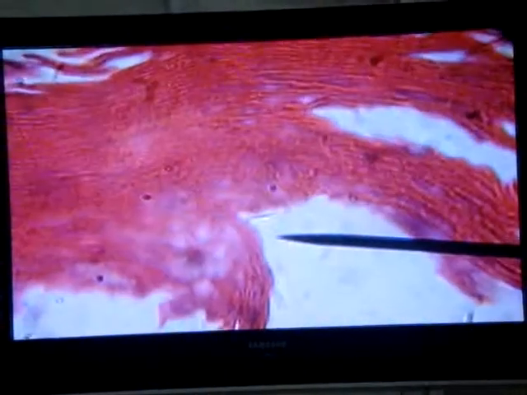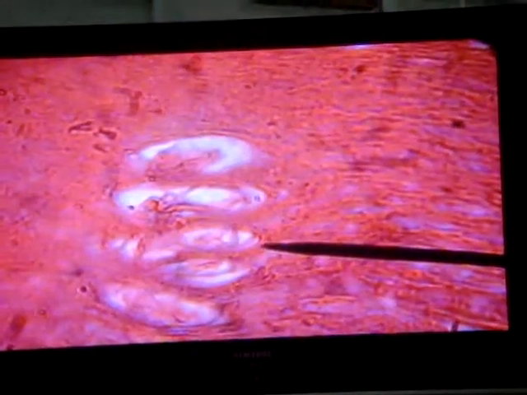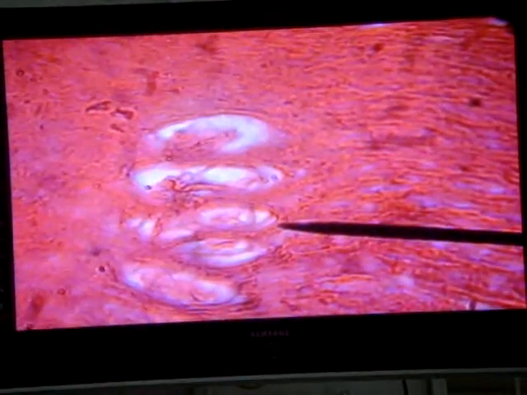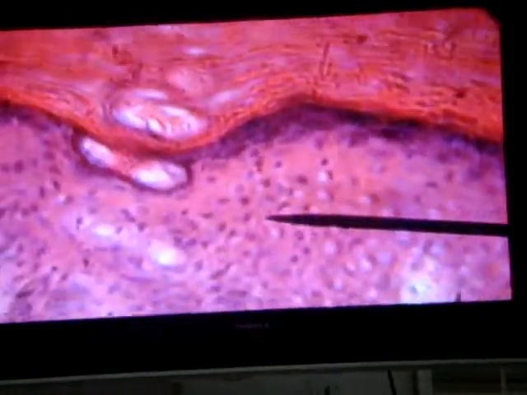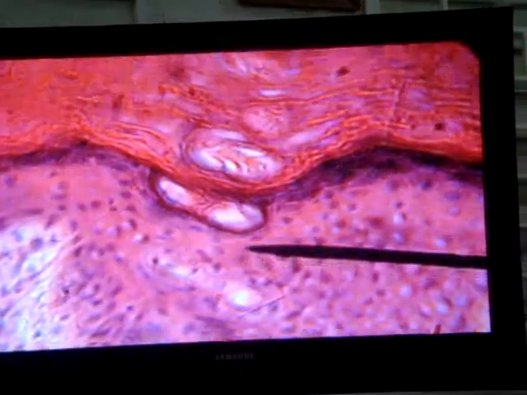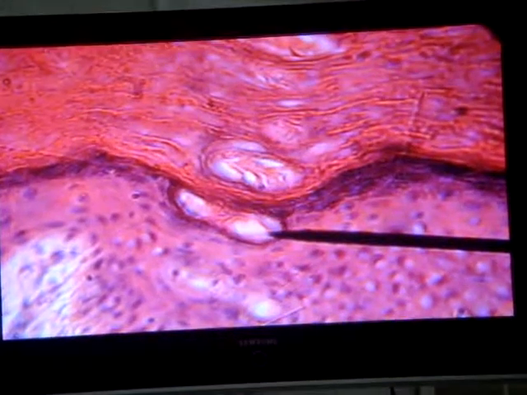You can actually see these little luminal structures sometimes. These are actually sections of the sweat ducts. All of these circles represent portions of the sweat duct going through the keratinized layer. That's what you can put a point on.